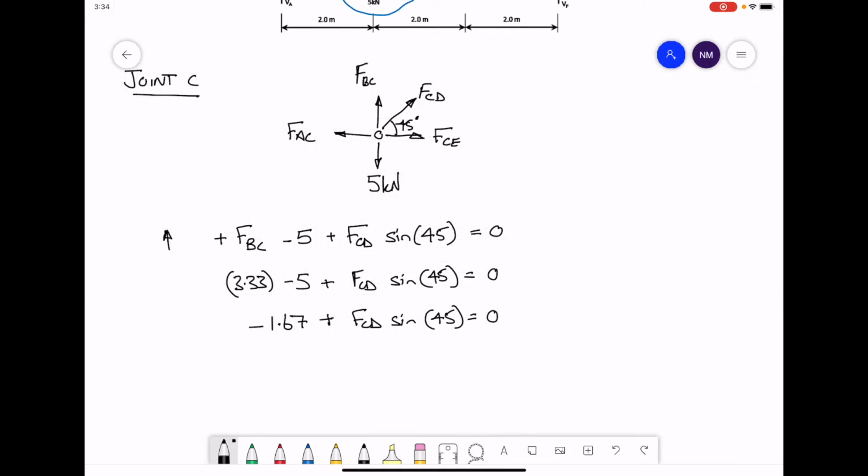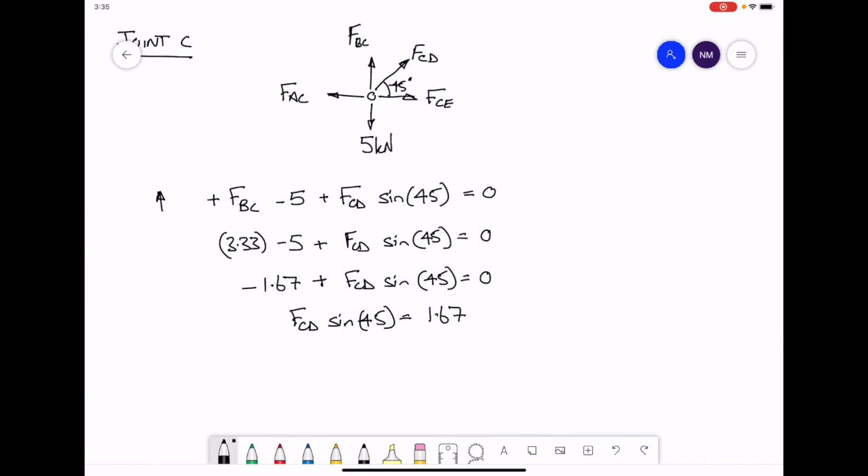Taking the minus 1.67 to the right hand side becomes positive. Then finally dividing through by sine 45 gives us force CD to be 2.36 kilonewtons.